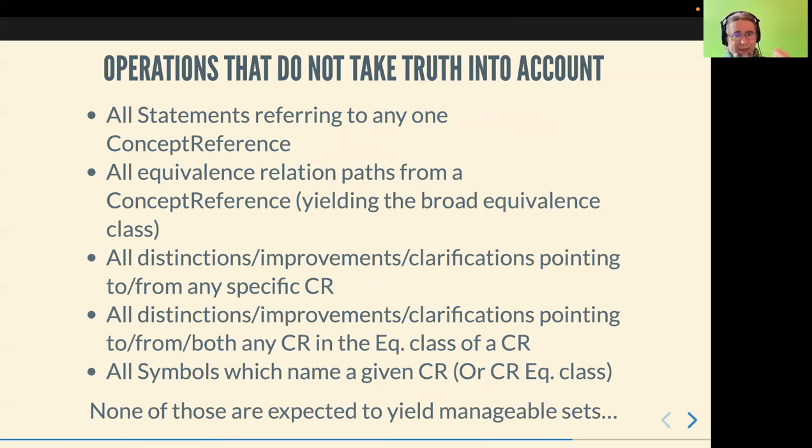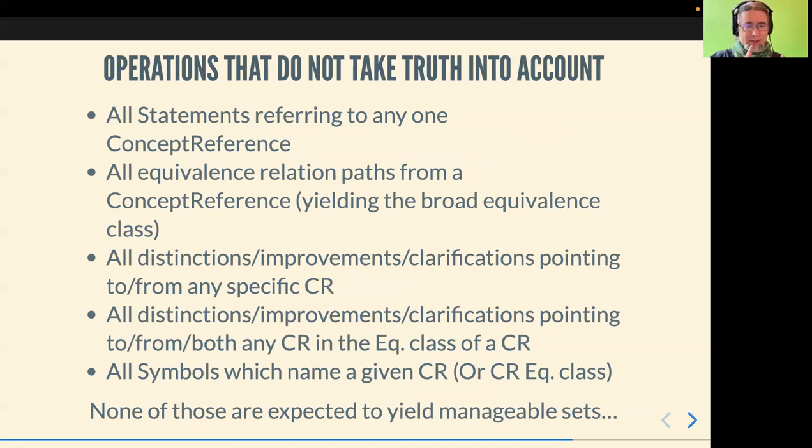But more likely, what you'll want is all the equivalence relation paths from a given concept reference, which will give you the equivalence class, and then all statements referring to any one statement in that equivalence class.